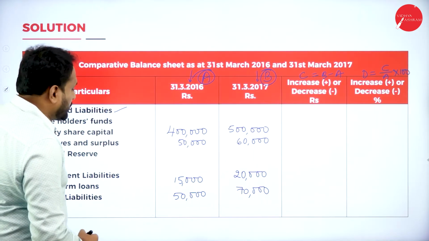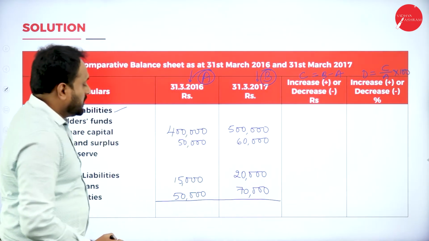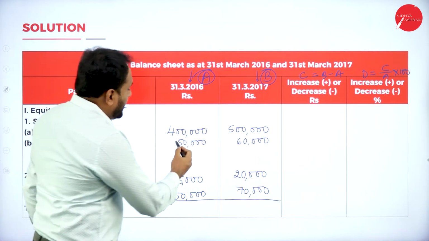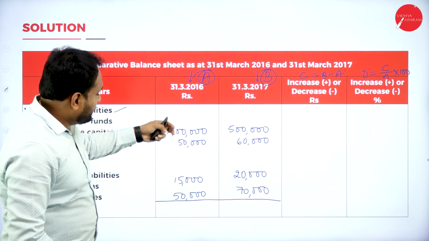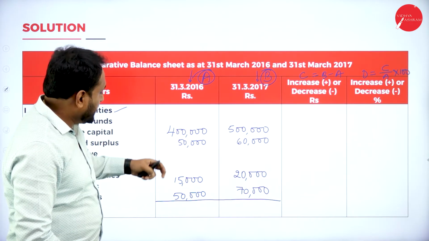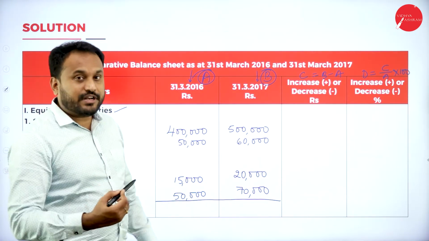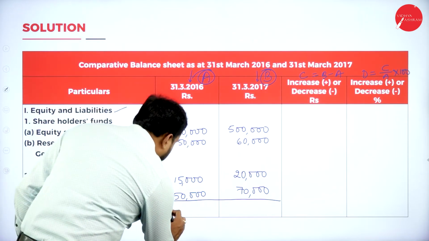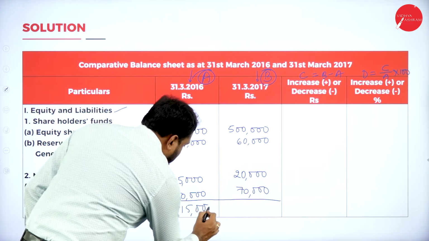Now what is the total we have? We will draw this line here. Total. Now you are supposed to add. So we have 4 lakh plus 50,000 is 4 lakh 50,000. 4 lakh 50 plus 15 is 5 lakh 15,000. So I'll write here 5 lakh 15,000.